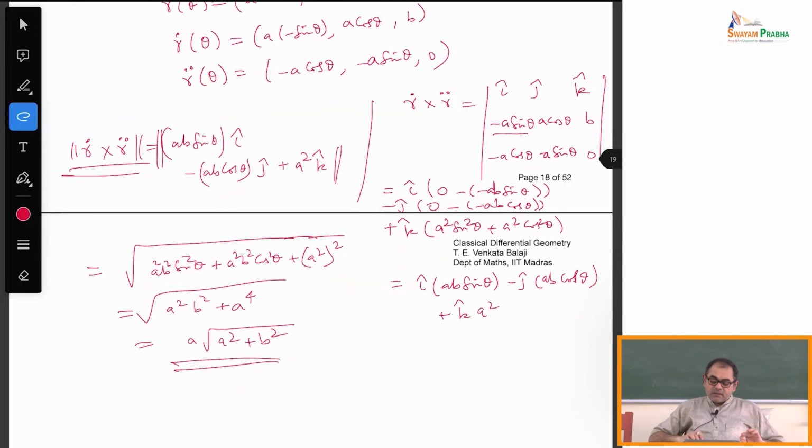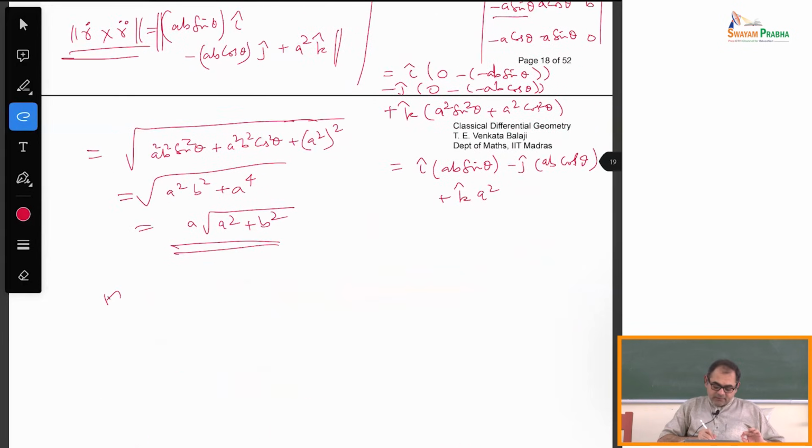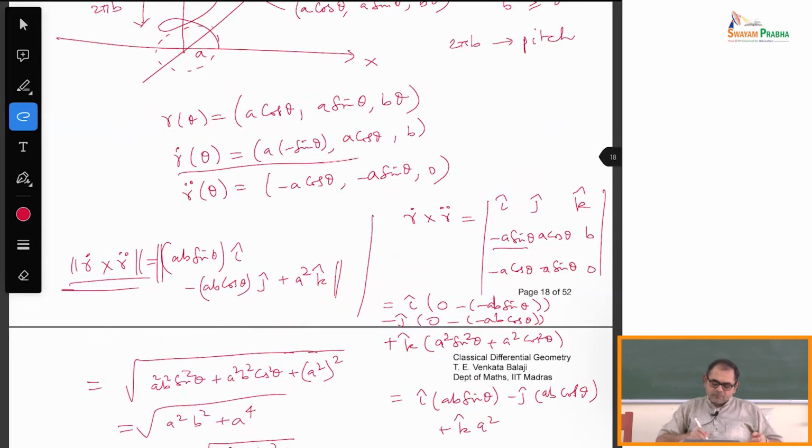Then what do I have to calculate? The curvature at theta, because theta is a variable, is the norm of gamma dot cross gamma double dot by the norm of gamma dot cubed. What is the norm of gamma dot? From here you see the norm of gamma dot is the square root of a squared sin squared theta plus a squared cos squared theta plus b squared.